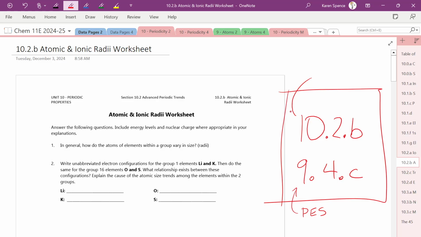And then this is atomic and ionic radii. And we have 10 minutes left, so you might as well get some of it started.